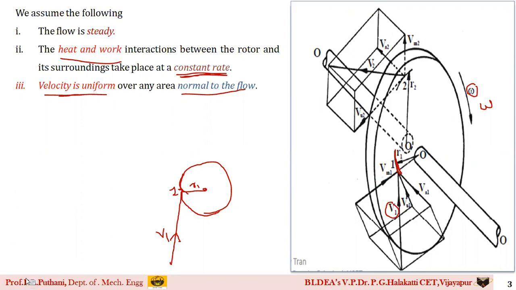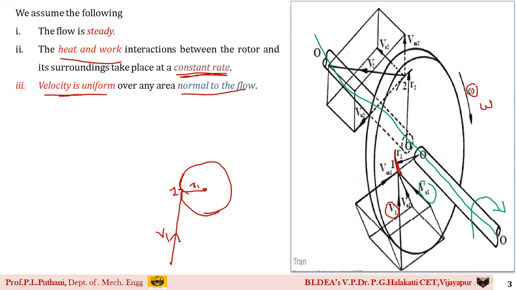Now, if you observe carefully in the figure, this is the axis of your shaft, around which the rotor is going to rotate. The velocity which is axial to this shaft, we call the axial velocity, VA1.